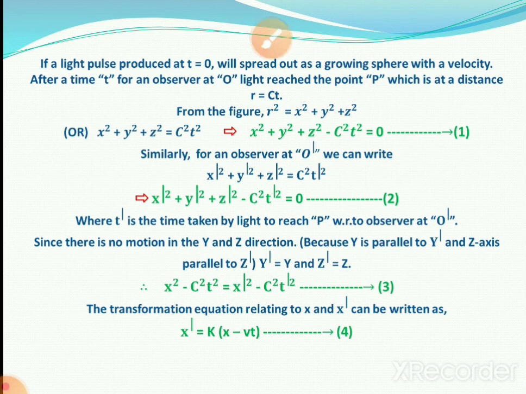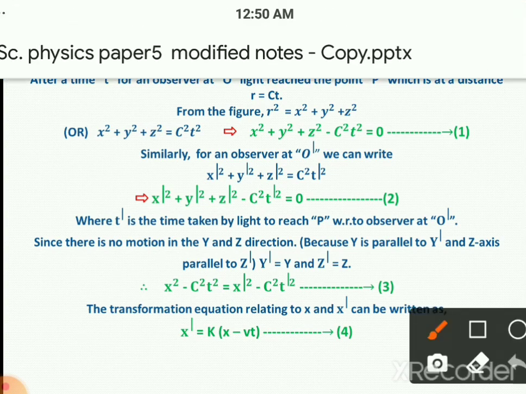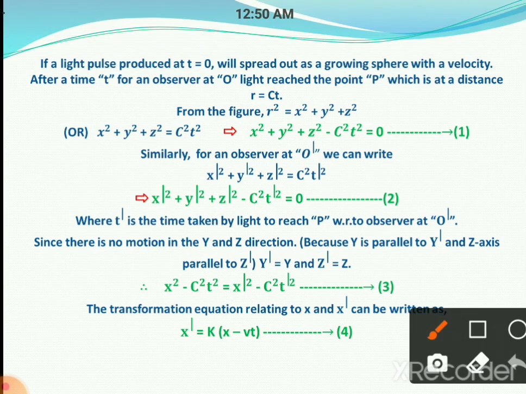I already said that when the observer is at the point O, after time t the light will reach the point P at a distance r equal to c into t.